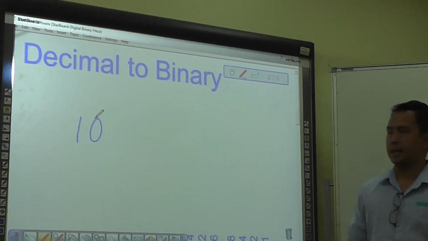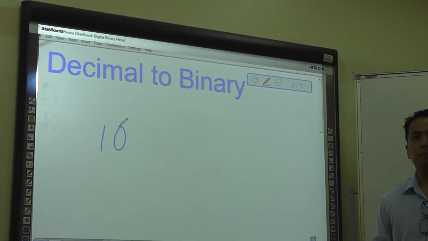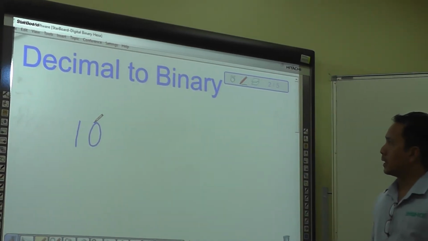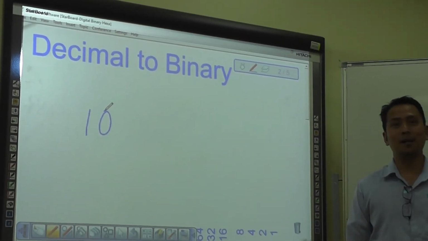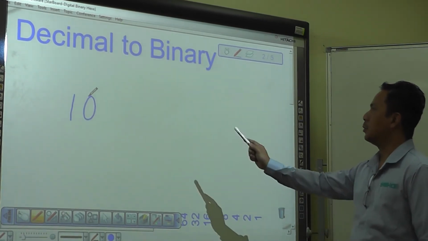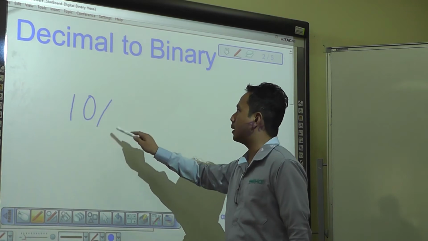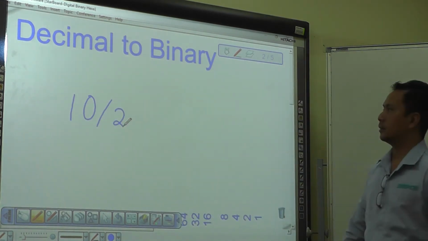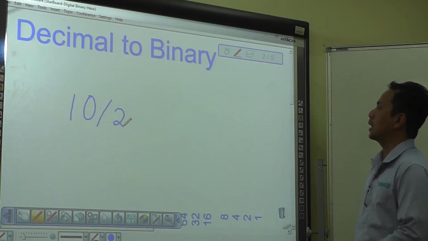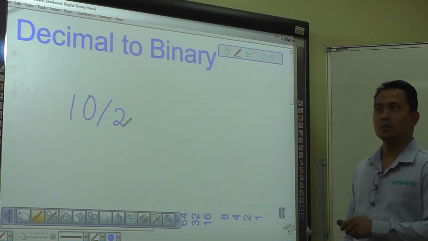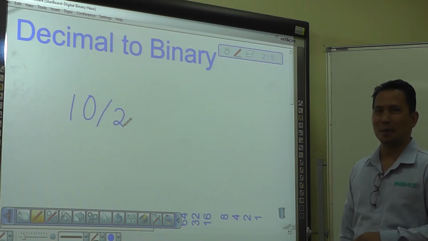We will divide the number by 2 in order to convert the decimal number into binary. We will simply divide the number by 2, as long as it comes to the lowest number.